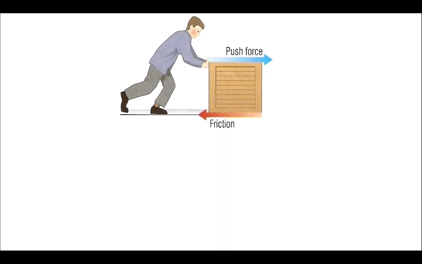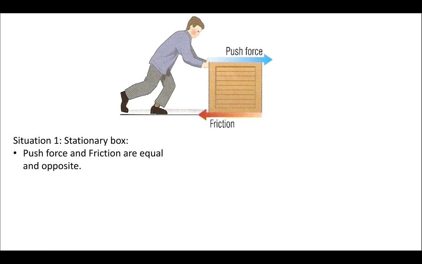The exam might give you a number and then give you one of two scenarios. The first one is that the box is stationary, and a full explanation would be that the push force and the friction are equal and opposite. Therefore, the resultant force must equal 0, because they're in opposite directions, so they'll cancel each other out.